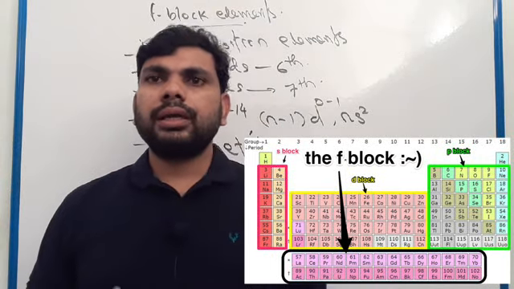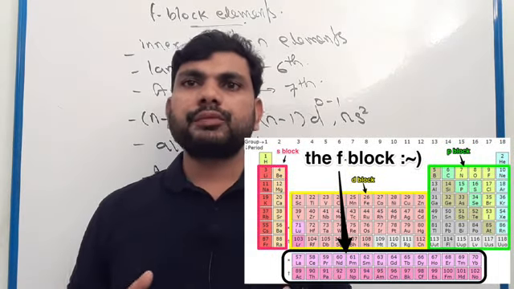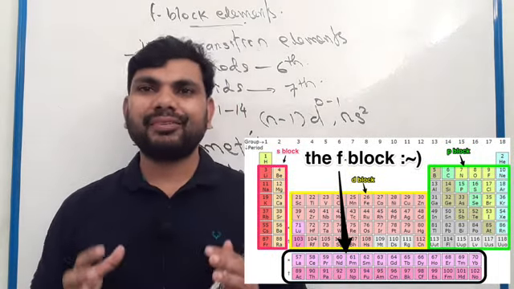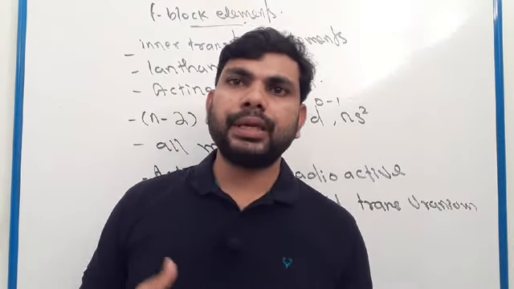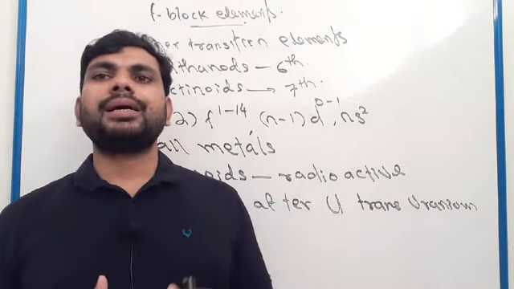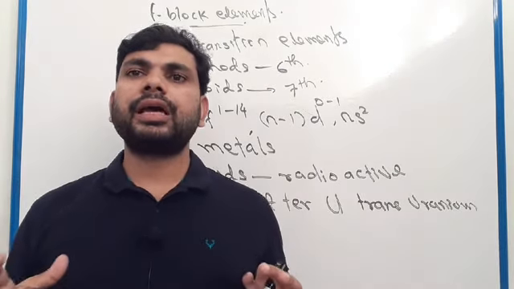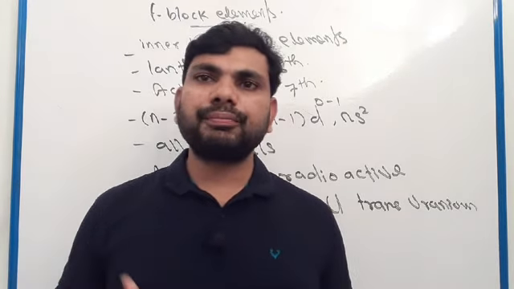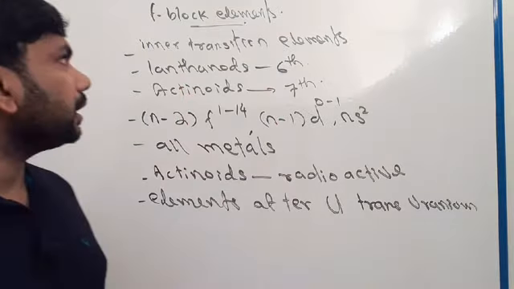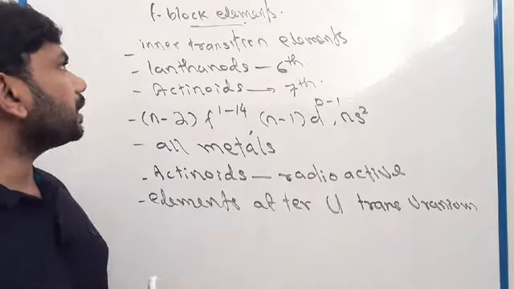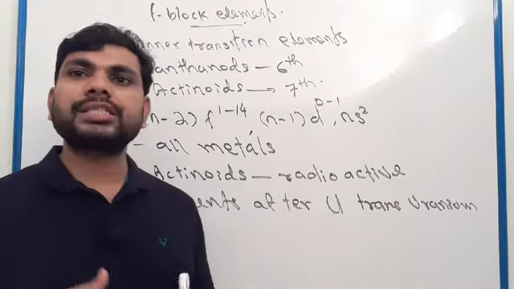Next, the last point in this video, we have to discuss F block elements. Sixth and seventh period elements together are called F block elements. F block elements are also called inner transition elements.